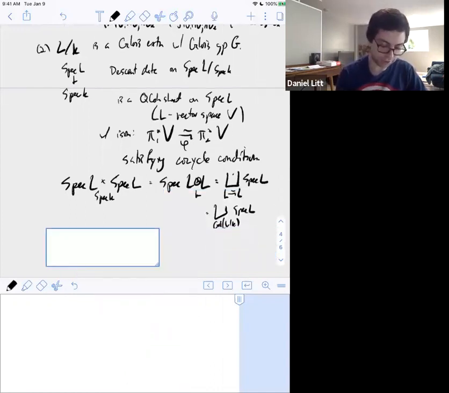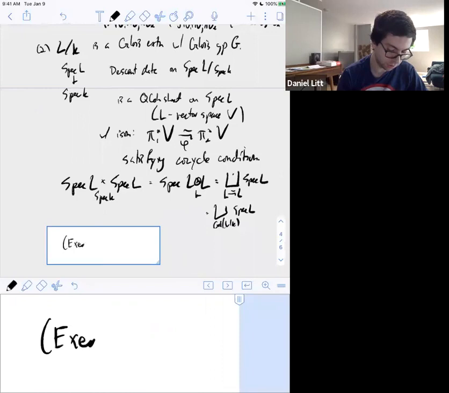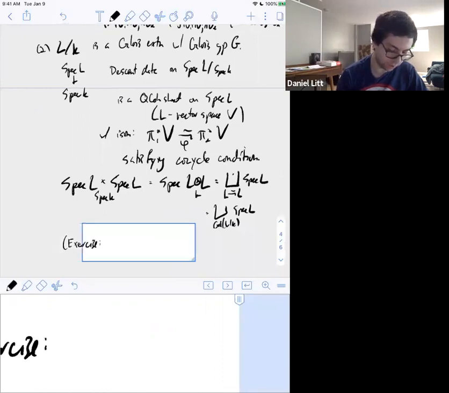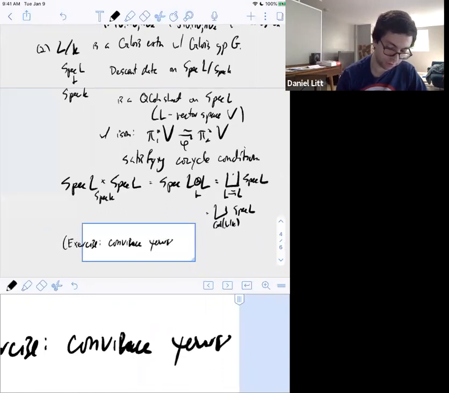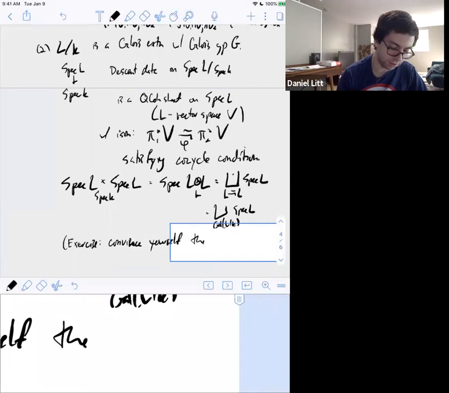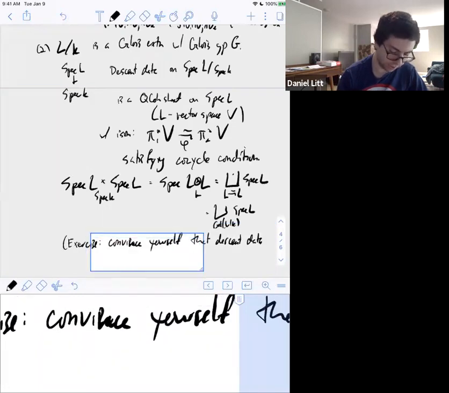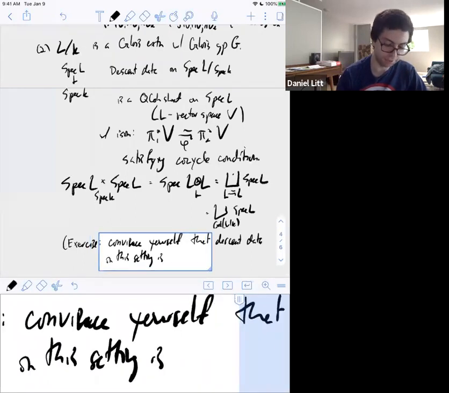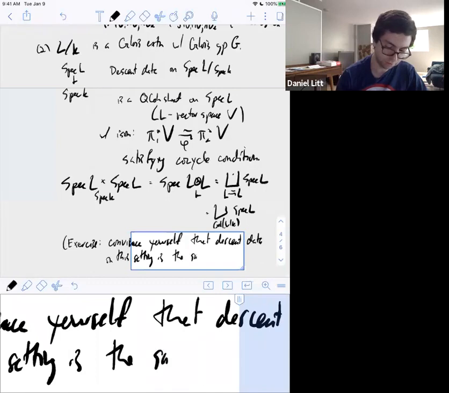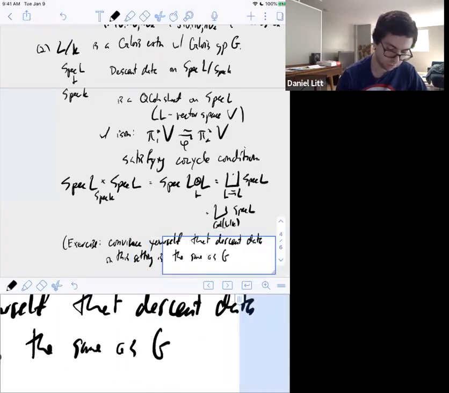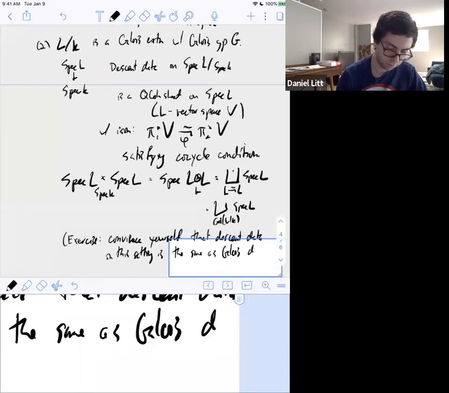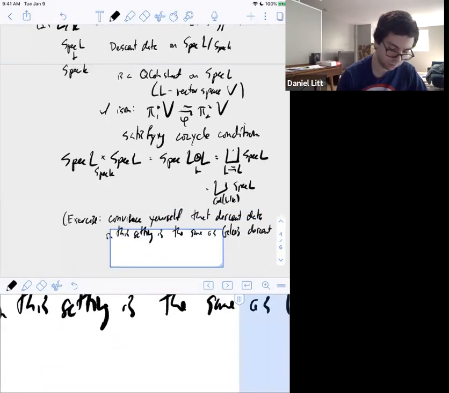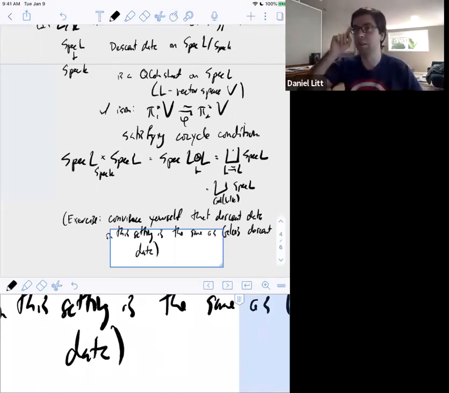All right, so the exercise you should try is convince yourself that descent data in this setting is the same as Galois descent data, namely a semi-linear action.